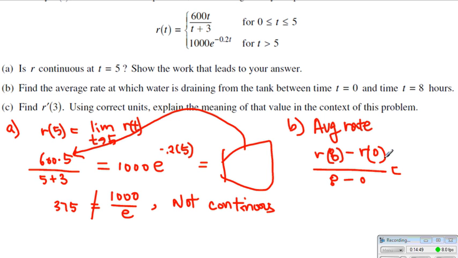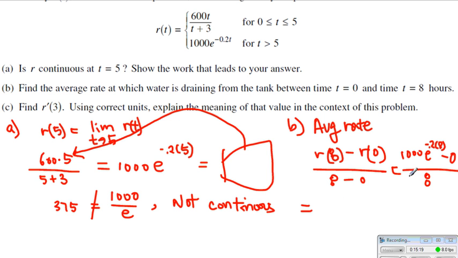R of 8, because 8 belongs to the bottom section, becomes 1000 e to the negative 0.2 times 8, minus R of 0, which belongs over here and is equal to 0. Divide the entire thing by 8. That becomes our average rate.